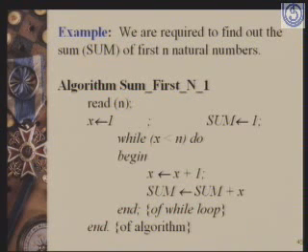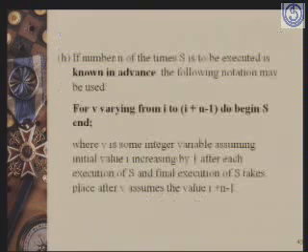So you can see the two instructions, x is assigned x plus 1 and sum is assigned sum plus x. These two instructions are repeatedly executed till the value of x becomes n minus 1. So this explains the repetitive control mechanism.